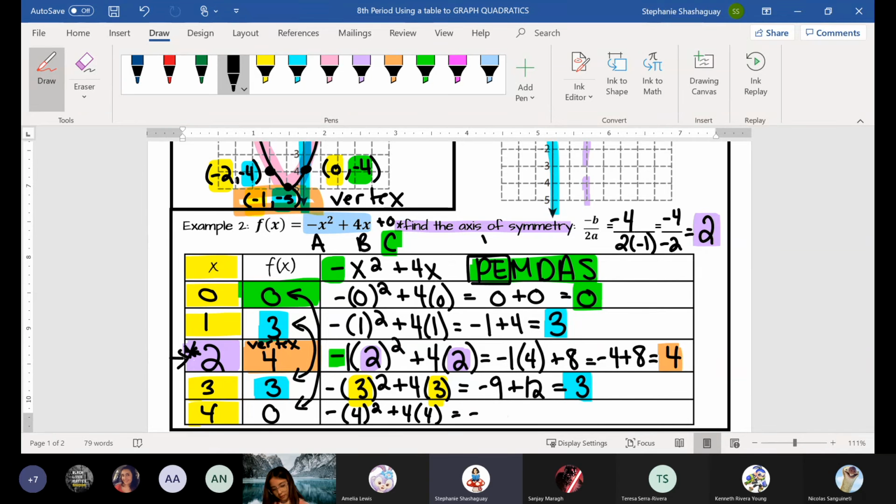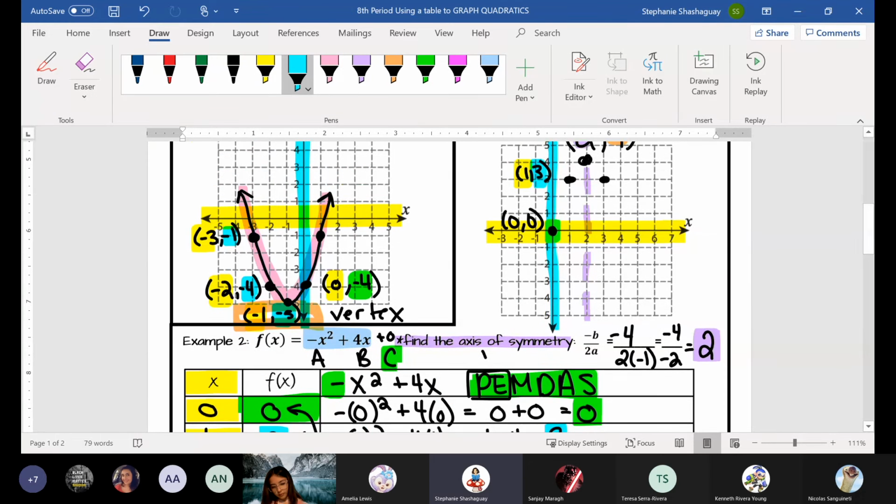Well, that's going to be a negative 16 plus 16, which does equal 0. So I can go ahead and graph that point. At 4, my y is 0. And I forgot to label this point. This is at 3, 3.